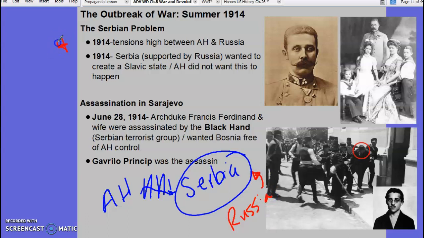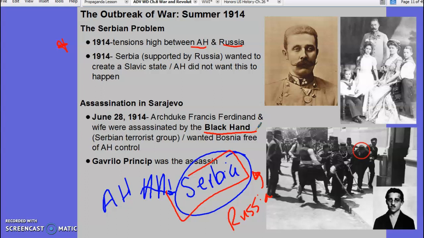So we have a lot of tension in 1914 between Austria-Hungary and Russia over Serbia. Serbians wanted independence, were not getting it, and there was a terrorist group called the Black Hand. And they said if we can't get independence, we will make independence.